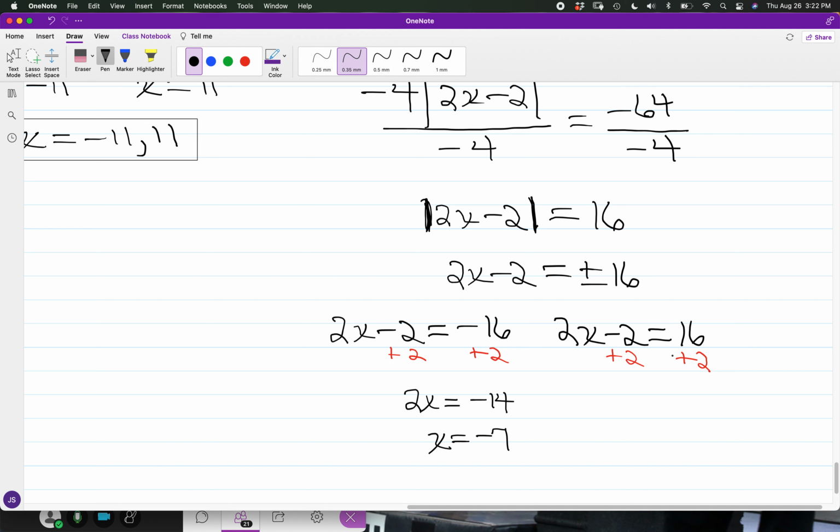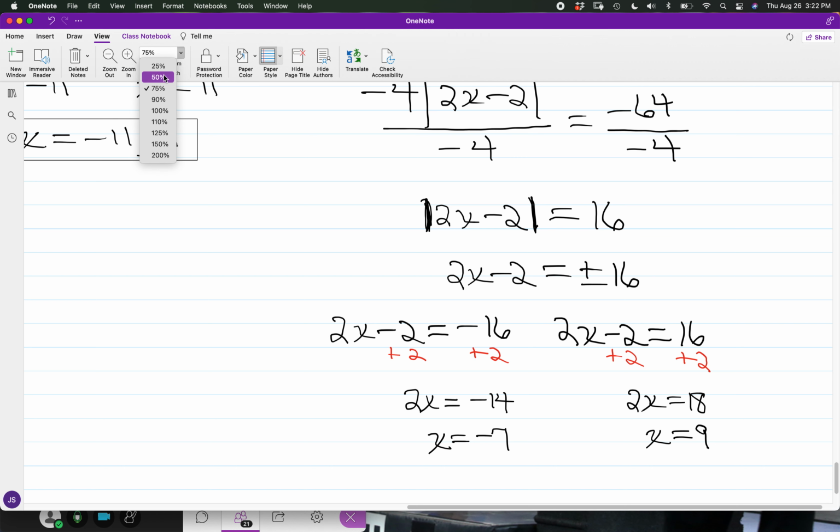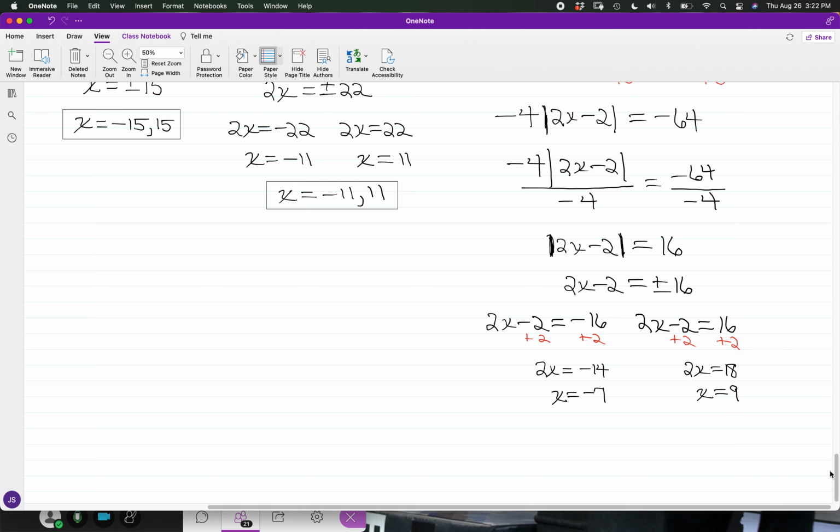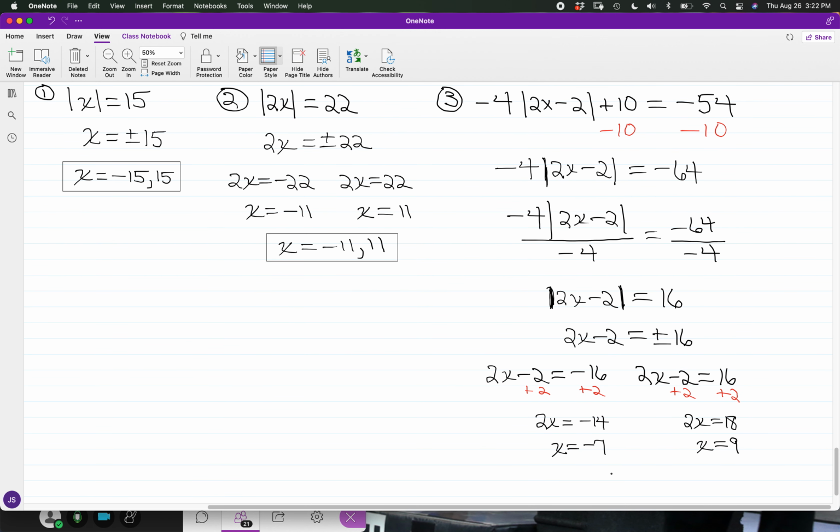For 2x minus 2 equal to 16, adding 2, we're going to have that 2x is equal to 18, and with division by 2, we'll have that x is equal to 9. And so the values of x that will satisfy this particular absolute value equation come out to negative 7 and positive 9.